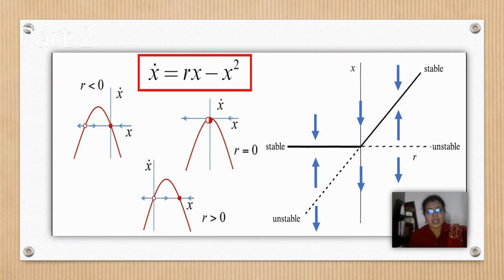For r greater than 0, the stable fixed point became the unstable one, and the unstable fixed point became the stable fixed point. This behavior could also be seen here. So this is the transcritical bifurcation.